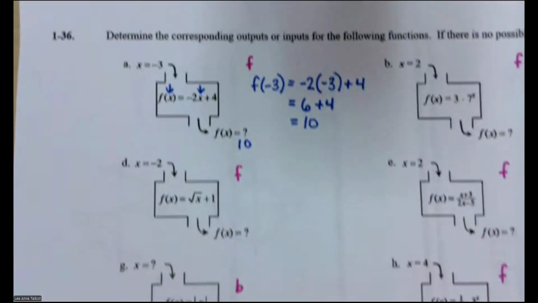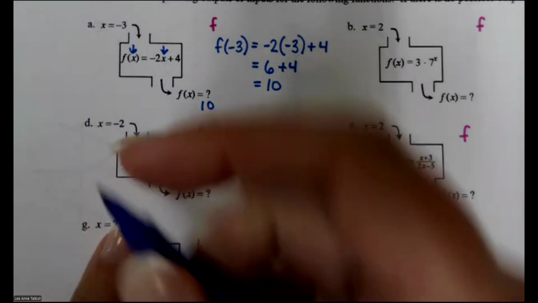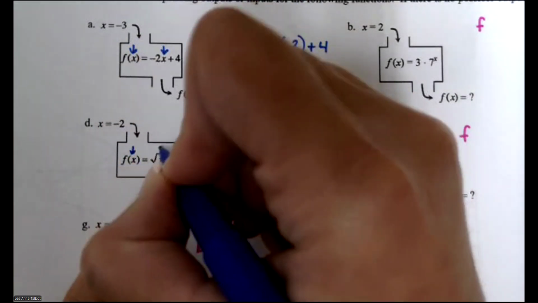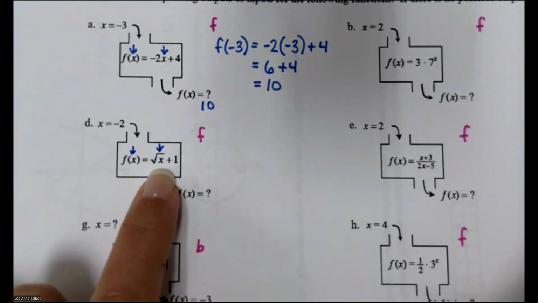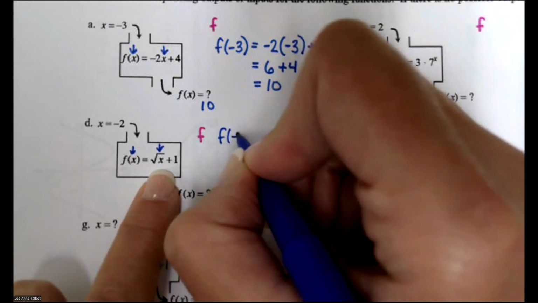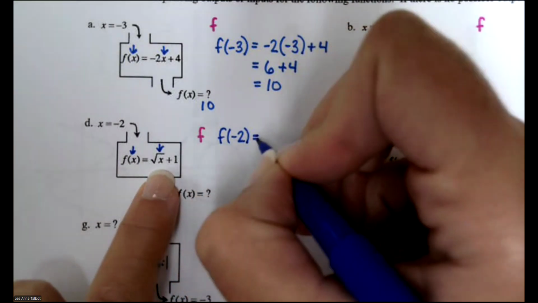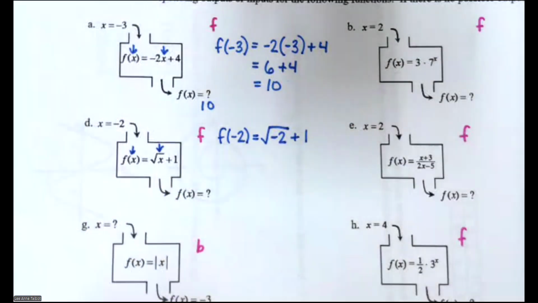Okay, go down to D. I'm going to plug x in here and here. F of -2 equals the square root of -2 plus 1.